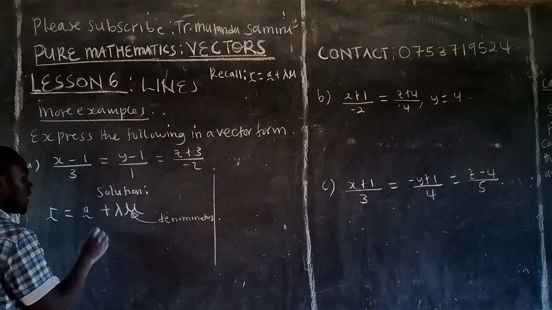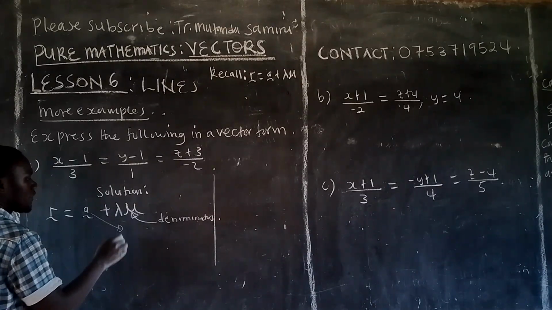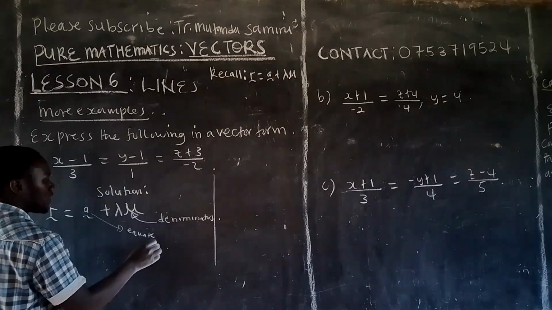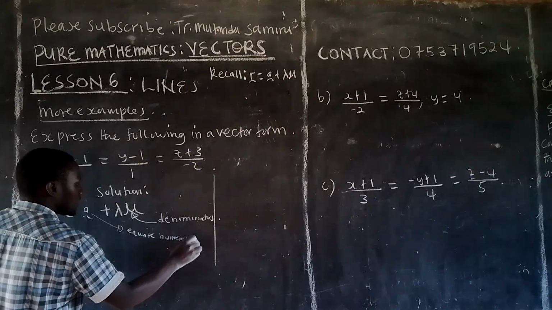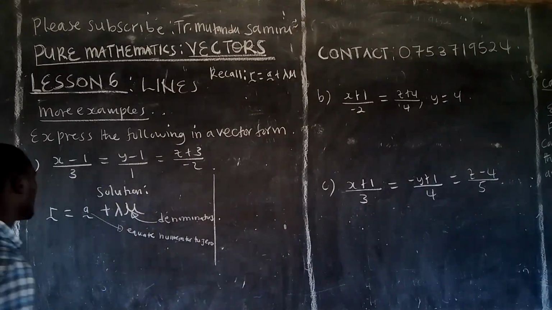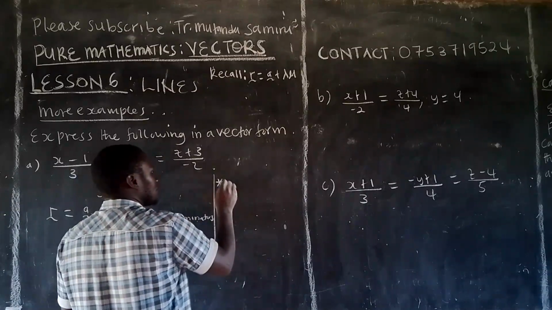Then this A, you get from equating the numerator to 0, to get that A. And that is all.